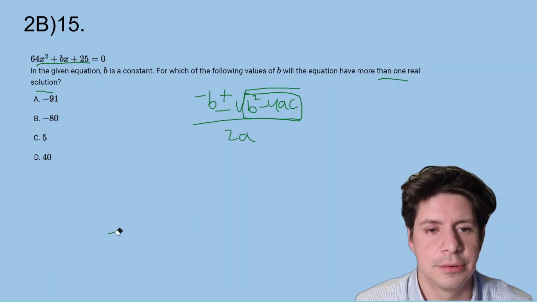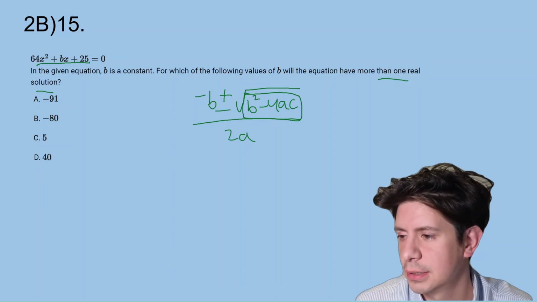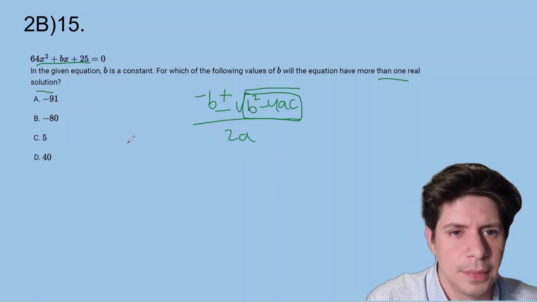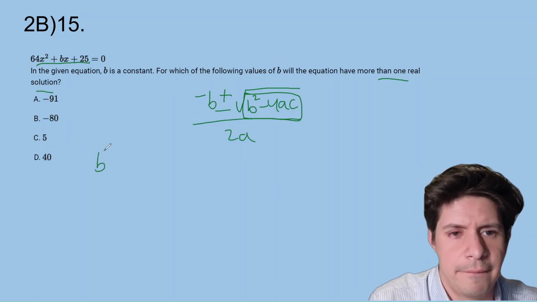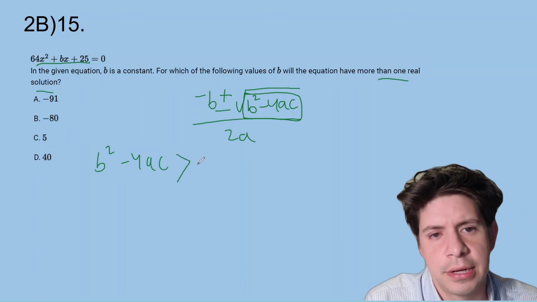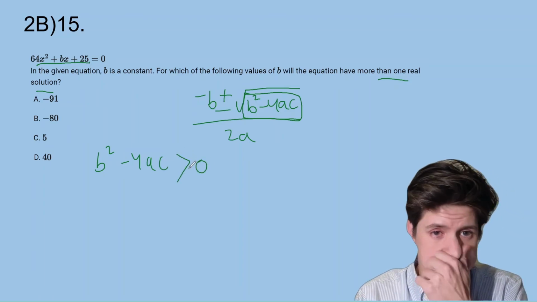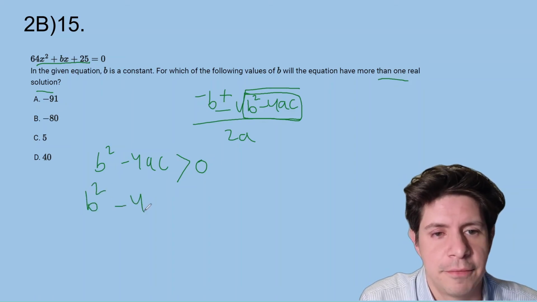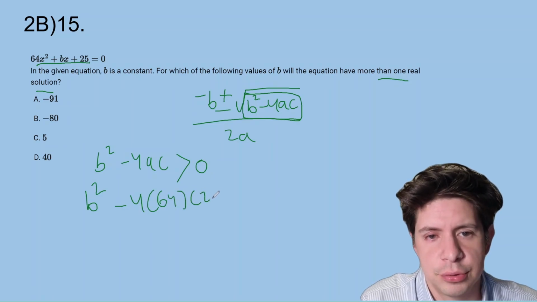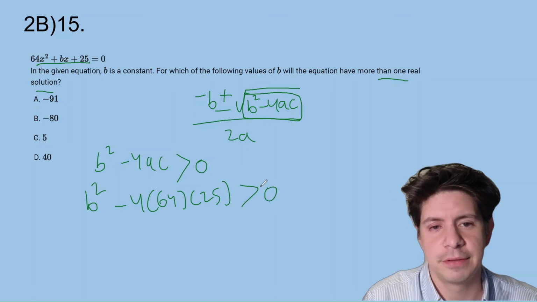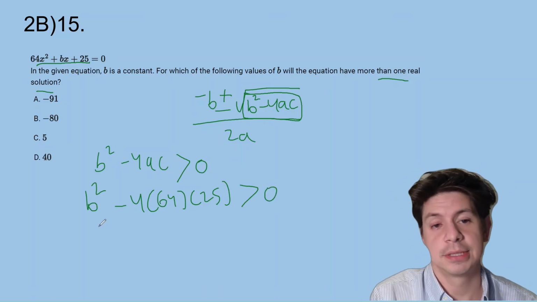So for that, it's going to be b squared minus 4ac is greater than 0. Okay, and now we plug in. b squared minus 4 times 64 times 25 has to be greater than 0. 4 times 25 is 100. 100 times 64 is 6400.